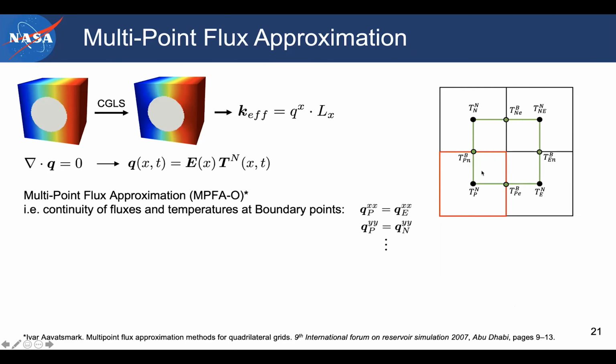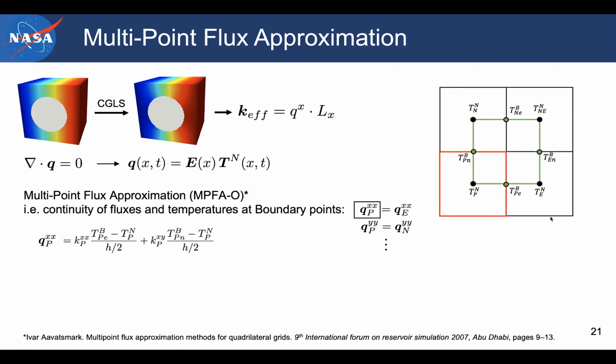I'm not going to go through the details of the mathematics, but the only thing that is important to know is that the interaction volume enforces the continuity of fluxes and temperatures at the boundary points. So between different cells we have continuity, and that's why we want a finite volume scheme that is as conservative as possible for the fluxes and the temperatures.